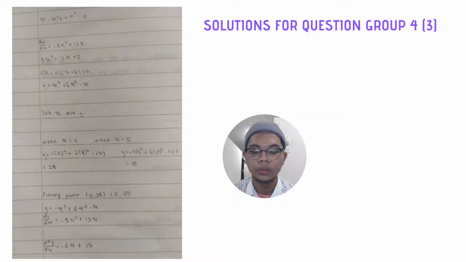The next step, we are going to use the formula d squared y/dx squared equals negative 6x plus 12. When x is 4, the answer will be negative 6(4) plus 12. So the final answer will be negative 12, smaller than 0. And that is the maximum point.